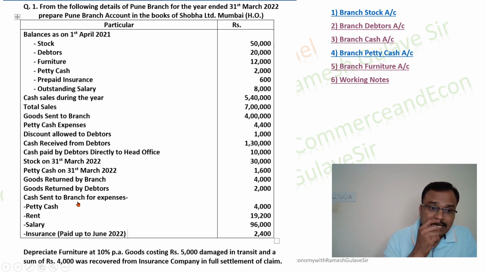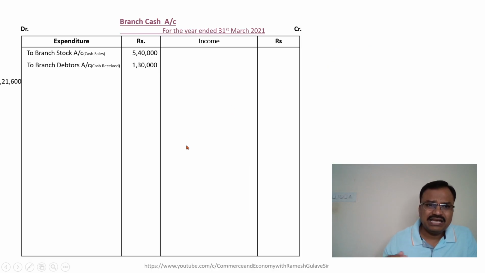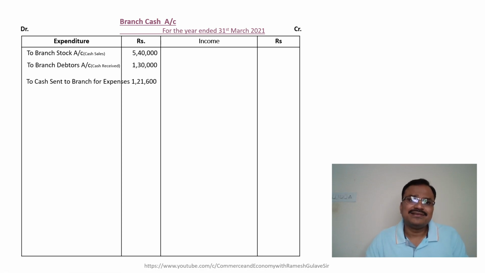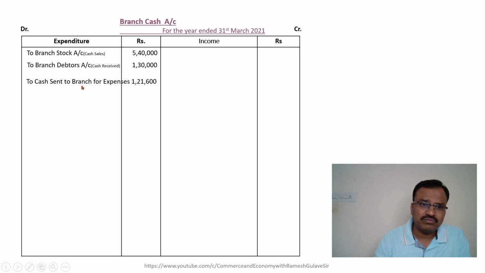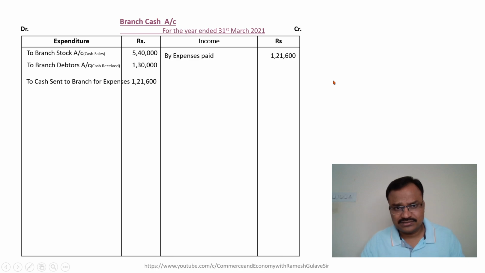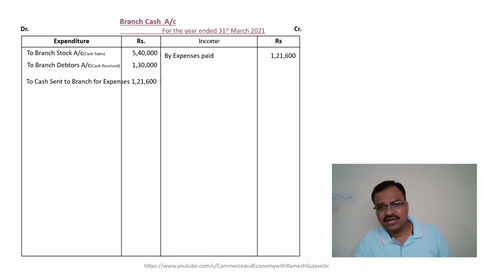Here, cash sent by head office to branch is recorded in the branch cash account, and it is shown as all expenses met. On the debit side, cash sent to branch for expenses 1,21,600, and by expenses paid 1,21,600.